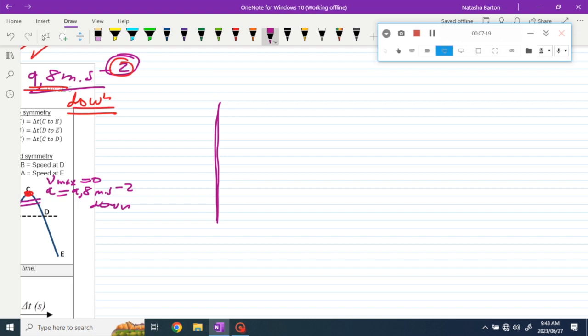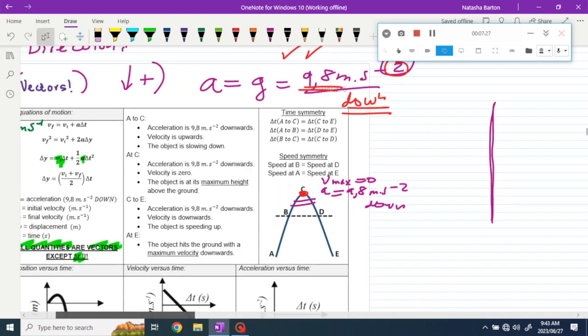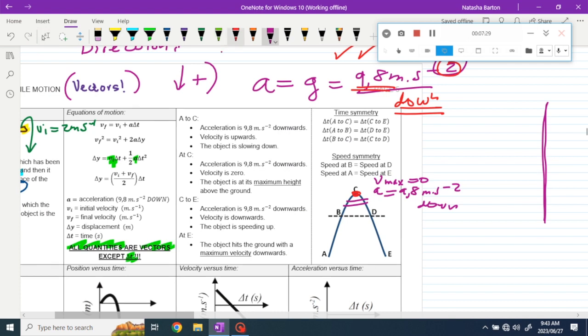Another problem I see. When the object comes back down and meets the ground, is its final velocity going to be zero? No. If you think this final velocity is zero, then I want us to perform an experiment. You're going to lie on the ground over here with your head close to the table.